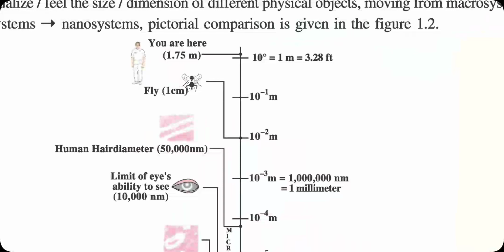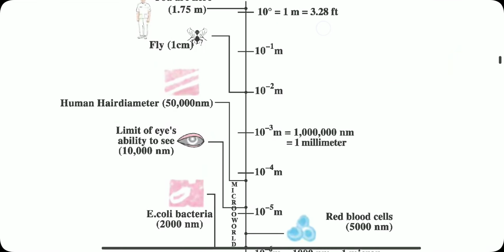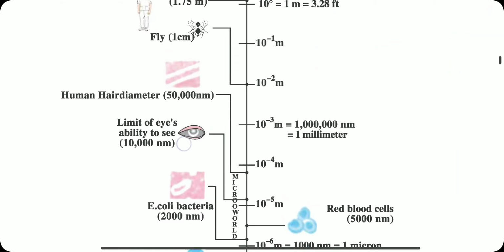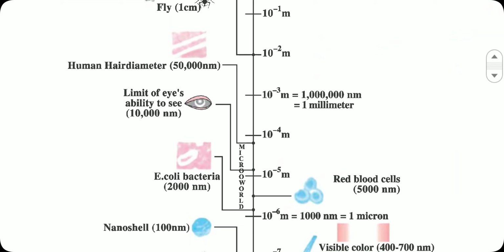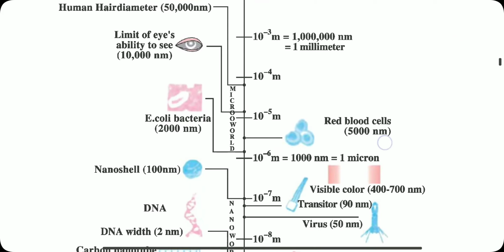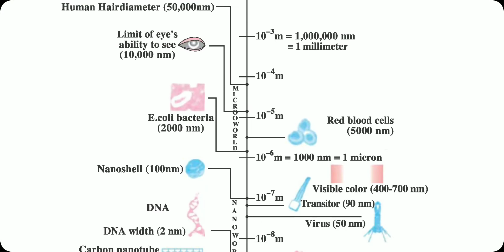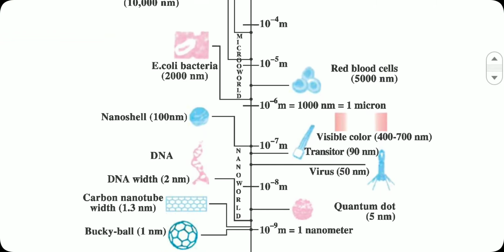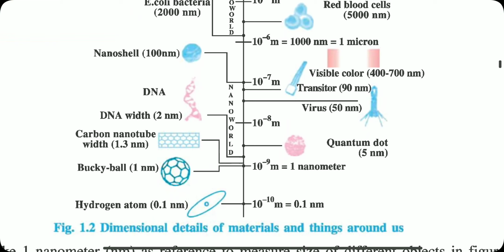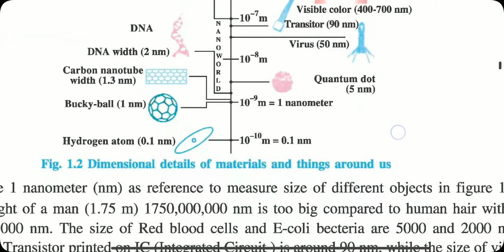You are here, 1.75 meter, a fly is 1 centimeter, and the human hair diameter is 50,000 nanometer, and the human eye's ability to see is 10,000 nanometer, and E. coli bacteria is 2000 nanometer, and RBC is 5000 nanometer, and a virus is 50 nanometer, and a quantum dot is 5 nanometer, and carbon nanotube width is 1.3 nanometer, and a buckyball is about 1 nanometer. A hydrogen atom is 0.1 nanometer.